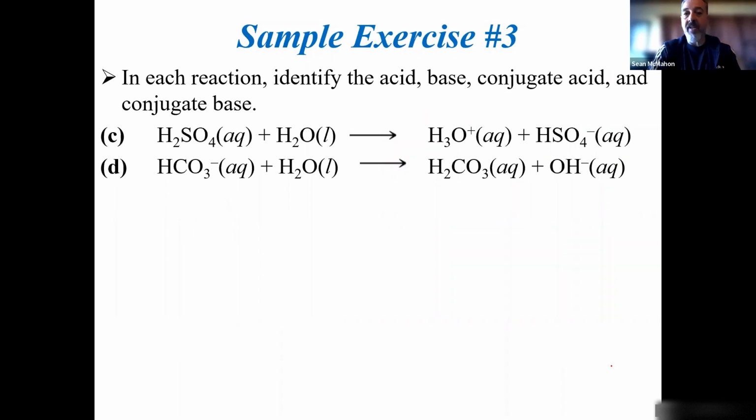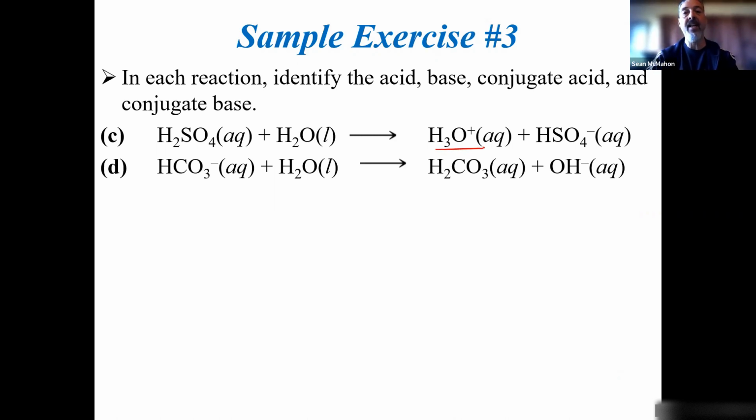So we want to make sure if we see reactions, can we identify the acid and the base, and then the conjugate acid and the conjugate base? So if we look at C in exercise 3, where is the proton going? So you have to look at both sides, right? And what stands out to me is the hydronium.